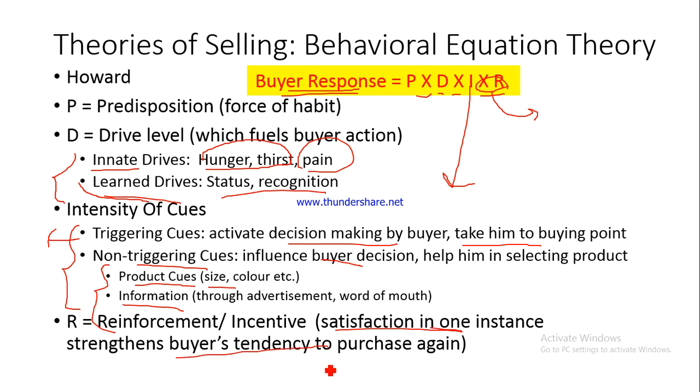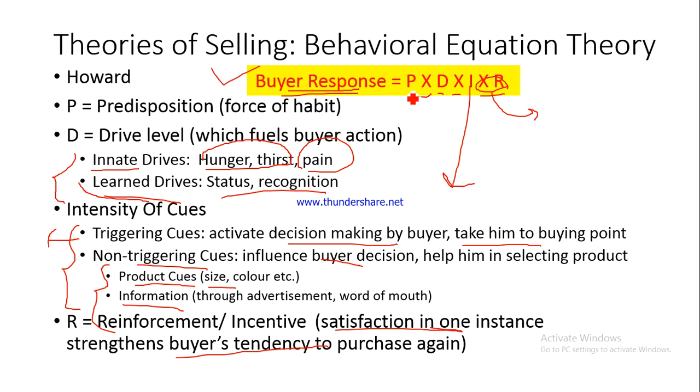So this would strengthen your tendency to purchase the product again. Is this okay? So greater is the reinforcement level, greater is the satisfaction level, more wonderful is the experience with that particular product in the last instance, you are more likely to buy that particular product again. So this is what the behavioral equation theory says. This is what the behavioral equation is all about.